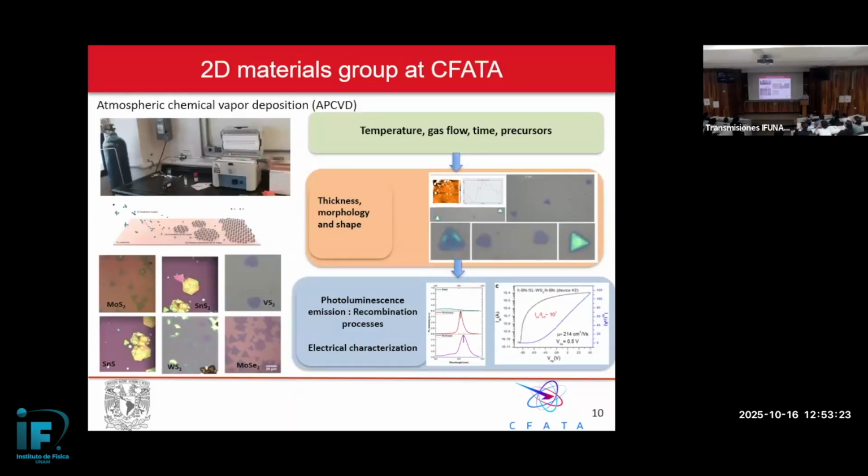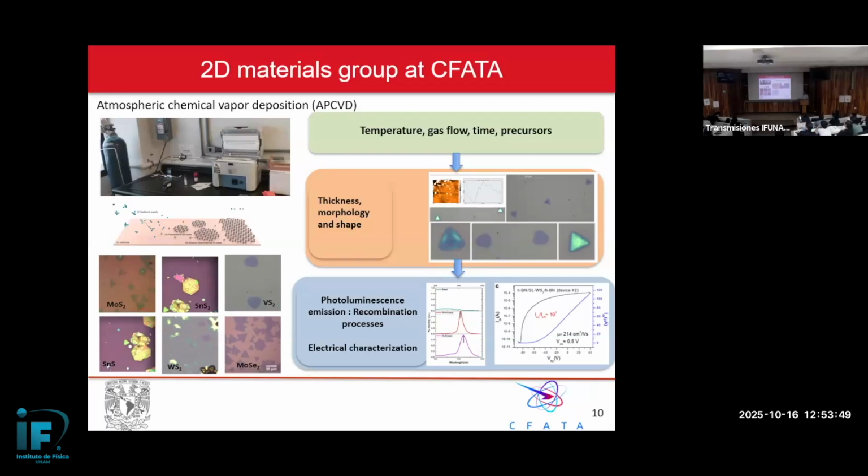This is just a furnace, and these are homemade. So we made it. The students in our group learn electricity and everything, so we build our own systems. This is just a furnace. This is a quartz tube, and this is hydrogen and argon.